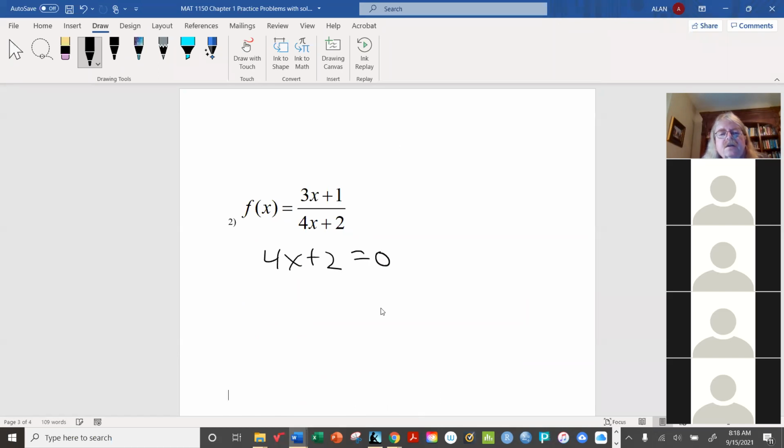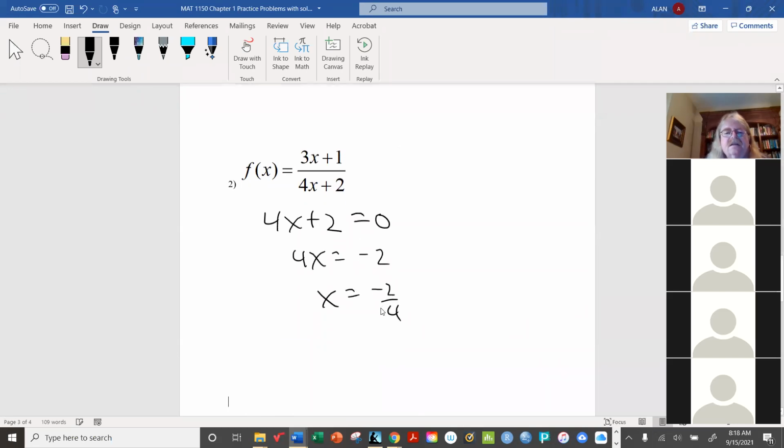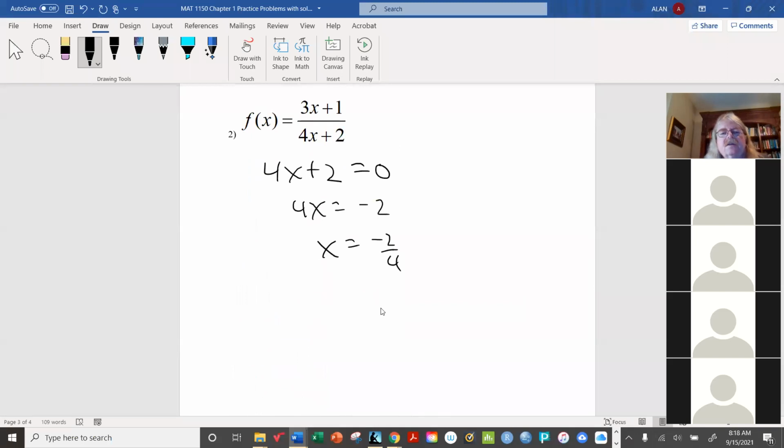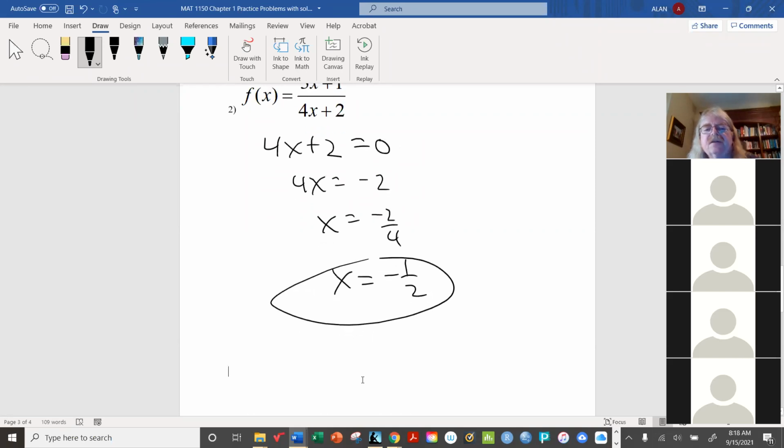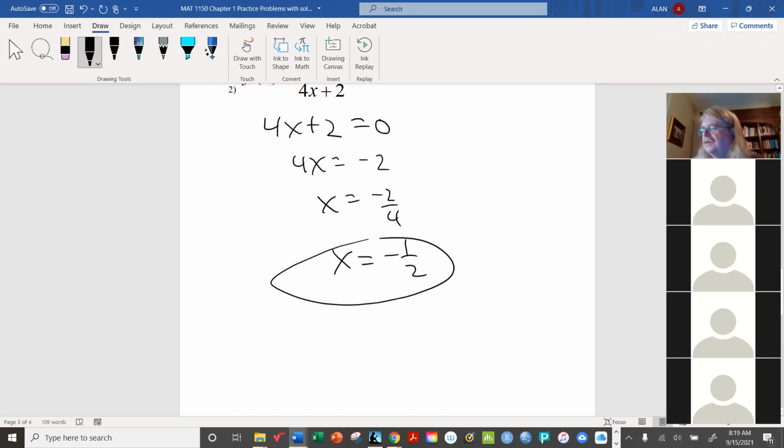If you set this equal to 0, that means x is -1/2. So anything is allowable here except -1/2. That would cause an asymptote. So there is an asymptote in the graph, but anything will be allowable except -1/2. So the domain is very simple in this case. It's just all real numbers except for -1/2.